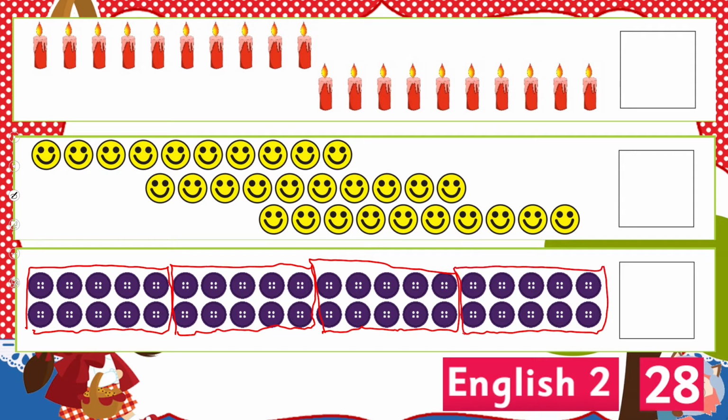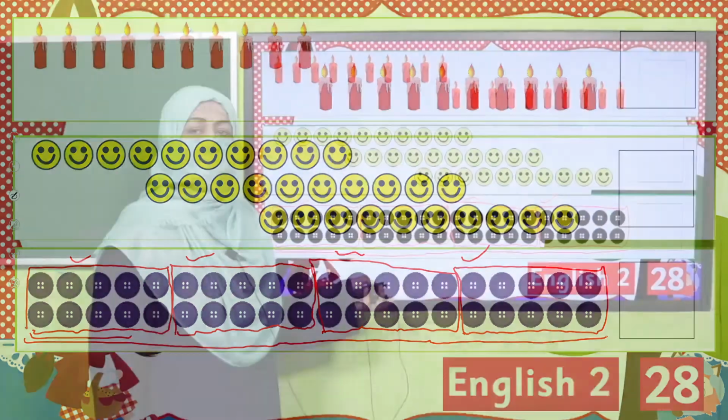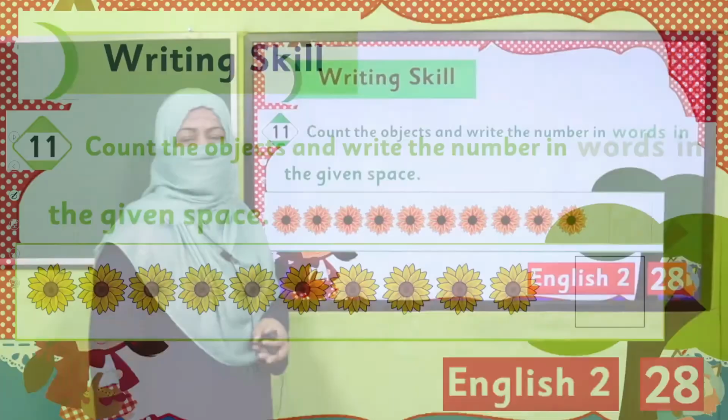Another pack of 10. So here 1, 2, 3, 4. There are 4 packs of 10s. It means 10, 20, 30 and 40. So you will write 40 here in the space given. So all of you now pause the video and complete this exercise in your book.